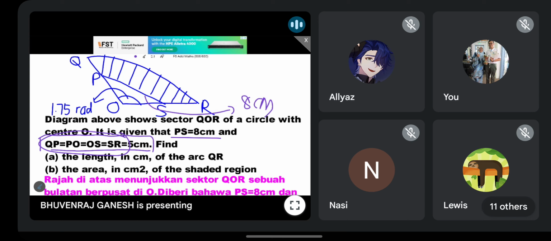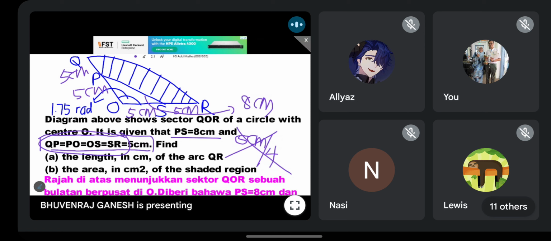You might think that all these 4 have 5 cm length. So that's why setiap sisi ni kamu bagi 5 cm bahagi 4. Wrong, all the value is 5 cm. So make sure kamu tak confused with this one. Okay, every single thing is 5 cm. So you can label lah 5 cm, 5 cm, 5 cm, 5 cm.